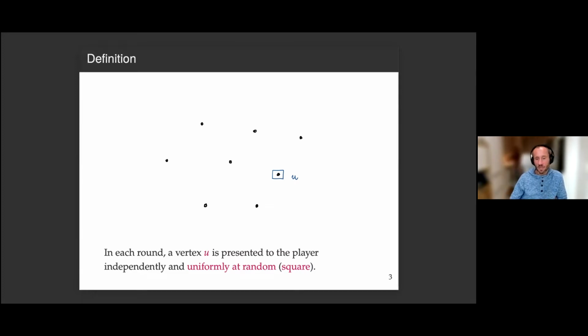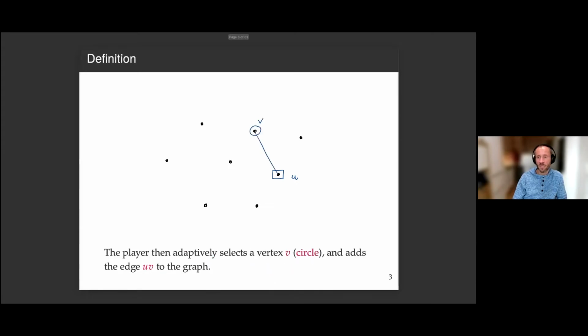In my cartoons, I will be using squares to distinguish those vertices that are selected by the process randomly. So that's my vertex U that is given to me at random, and now I can connect this vertex to anything I want.